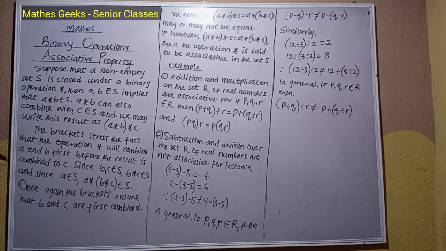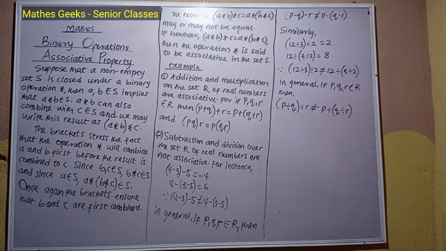The brackets stress the fact that the operation star will combine A and B first before the result is combined with C. Since B and C are members of S, B star C is a member of set S, and since A is a member of S, A star (B star C) is also a member of set S. Once again, the brackets ensure that B and C are first combined.